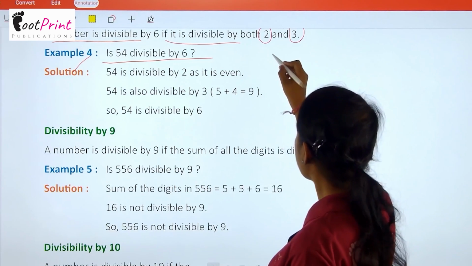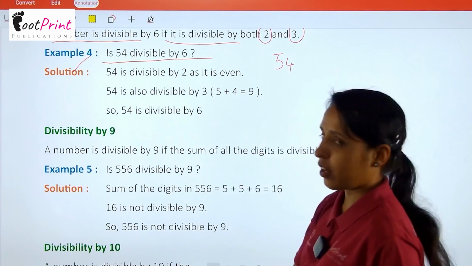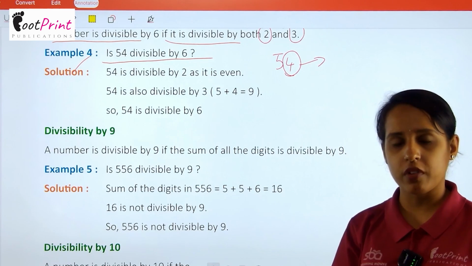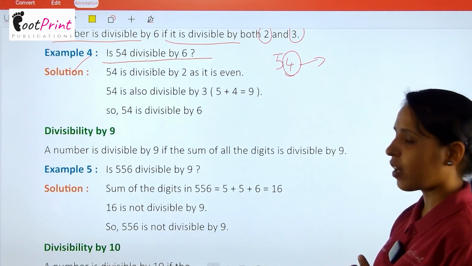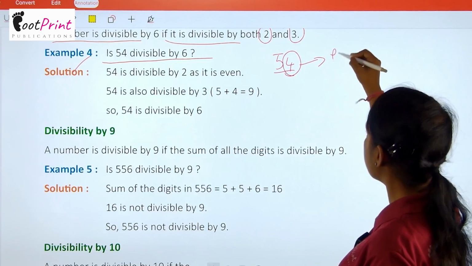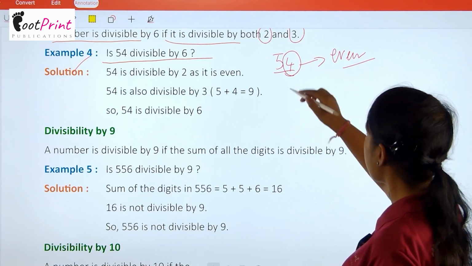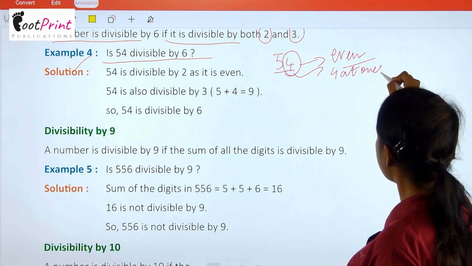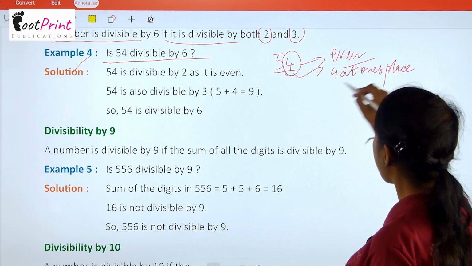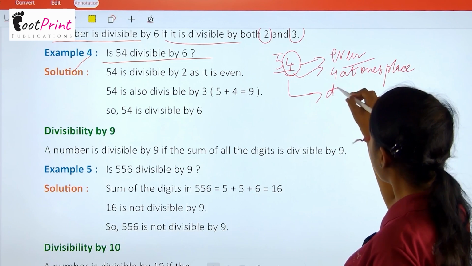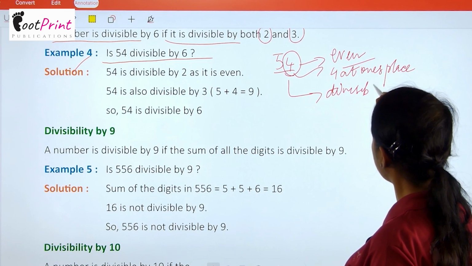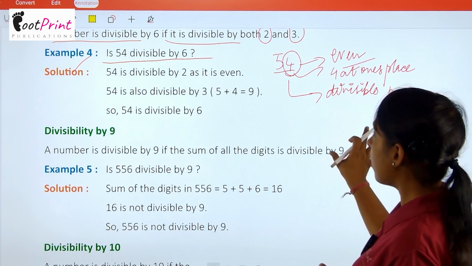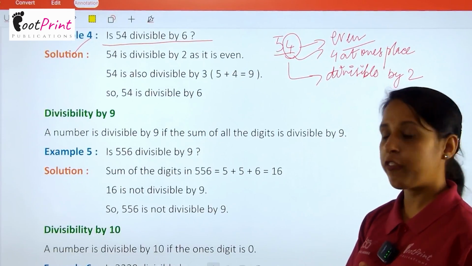So let's check. Here is 54, and we know the rule for 2: the digit at the ones place should be 0, 2, 4, 6, 8, or the given number should be an even number. So it is an even number and it has 4 at the ones place, which means we can say that it is divisible by 2. Now let's check the divisibility rule of 3.